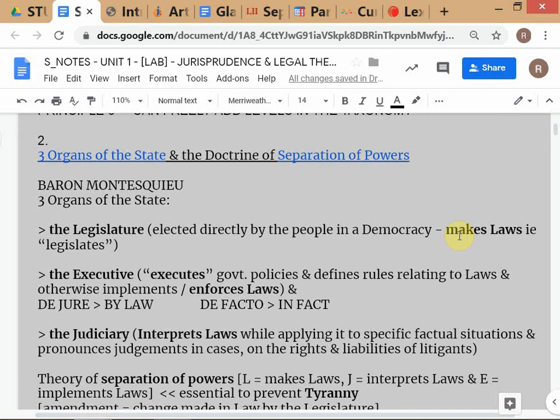Whatever the Supreme Court says, they may agree with the government, or they may decide that it's unconstitutional. So for the sake of argument, if the Supreme Court decides that this law is unconstitutional, then the law cannot be enforced by the executive branch. Because remember, these guys make the law, these guys interpret the law, and these guys enforce the law.